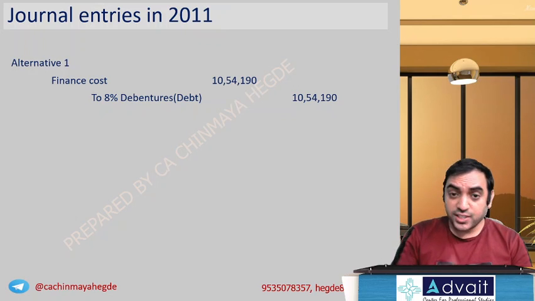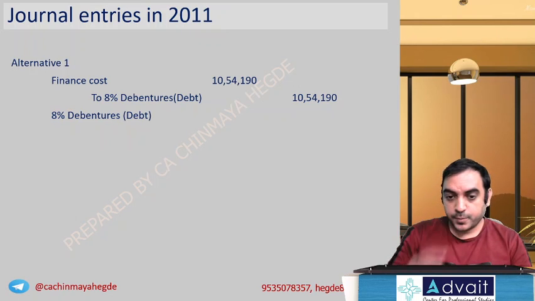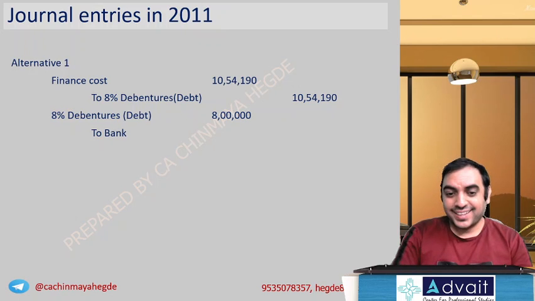And one more entry you pass, that is the payment: 8% debentures (debt), coupon paid 8 lakh, to bank 8 lakh.